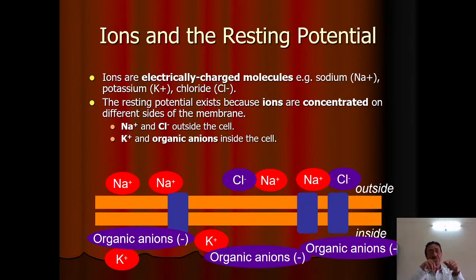So with each diffusion of potassium from inside to outside, there is a loss of positive charges from the inside to outside. So now, with this loss of positive charges, the membrane becomes more and more negative inside.